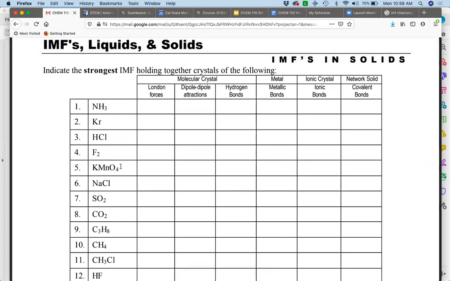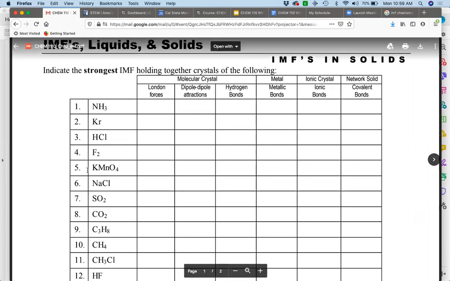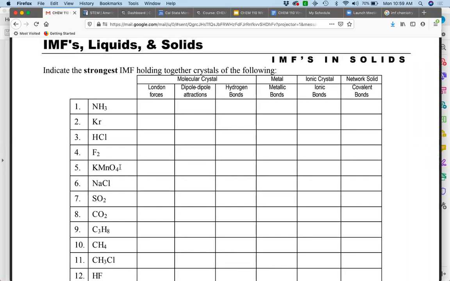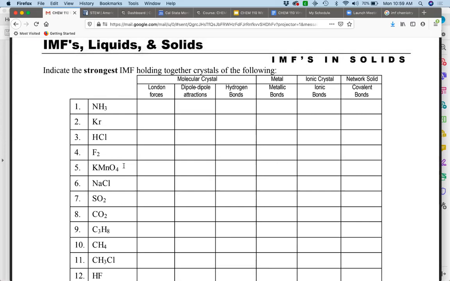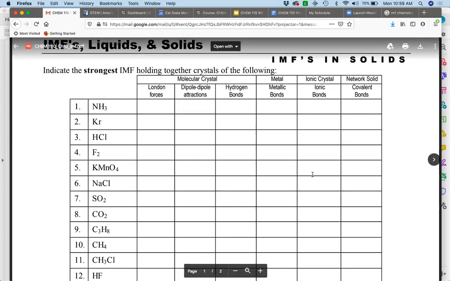So where are the ions? Well, in this case, I have a K plus ion, and I have an MnO4 minus anion. So my K plus cation and my MnO4 minus anion. So in this case, then, these would be ionic crystal or ionic bonds.